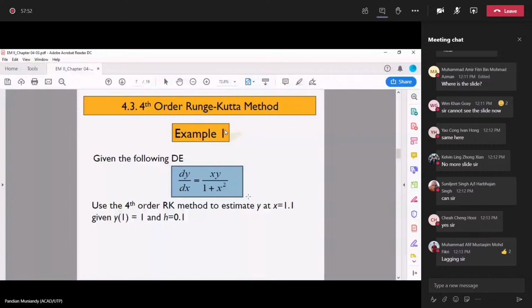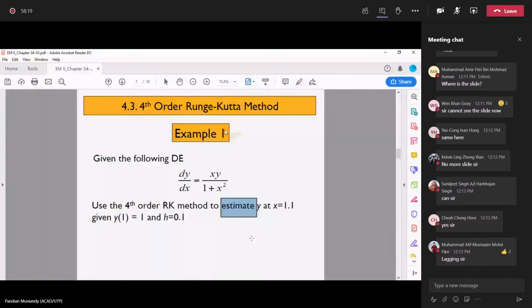Take a piece of paper and a pencil. Yeah? dy dx equals xy divided by 1 plus x squared. We want to solve this using the fourth order Runge-Kutta method. Estimate y, this word estimate, approximate. So you are finding the approximated value of y at x 1.1.